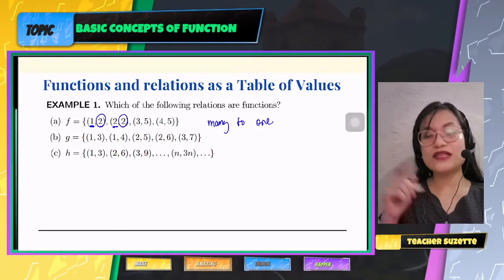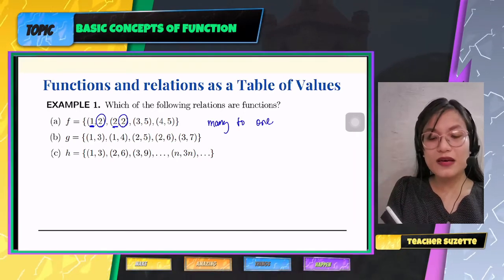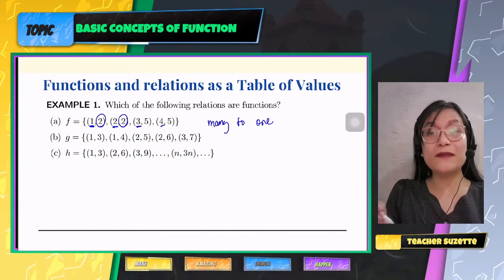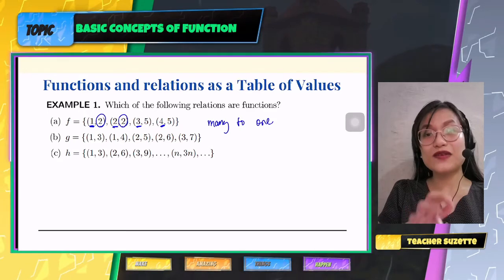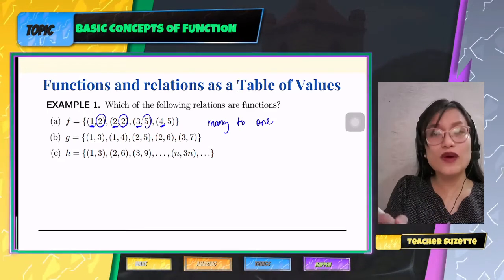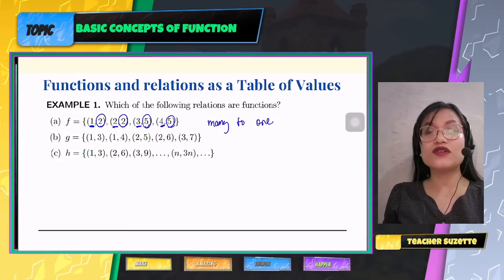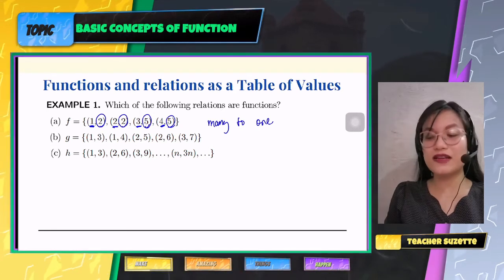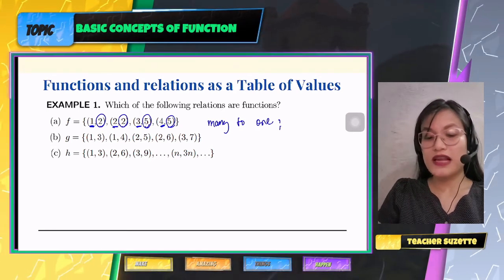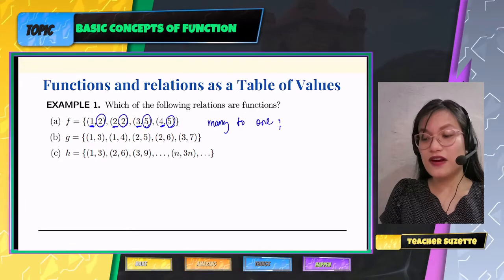Another thing, dun sa second 2 pairs natin, meron tayong 3 and 4. Many values ng x, nagko-correspond siya sa 1 value of y only. So therefore, if this is a many to one kind of relation, our letter A is a function.